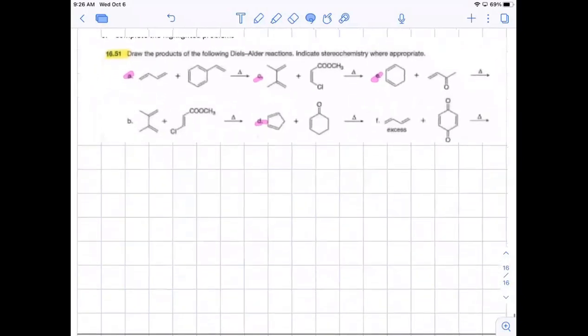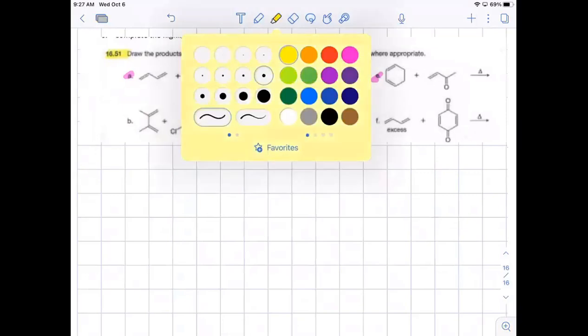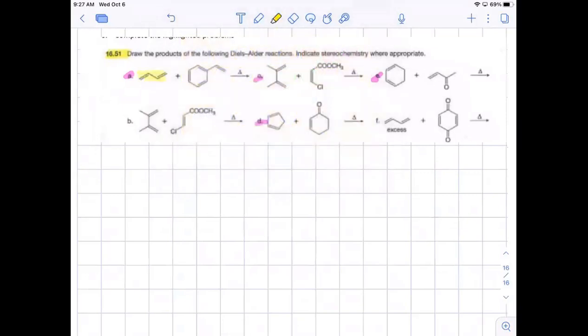All right, for A, what do we need to do first? Rotate the diene. Good, excellent. The diene is not in the right conformation. It's in an s-trans. We need to make it s-cis.